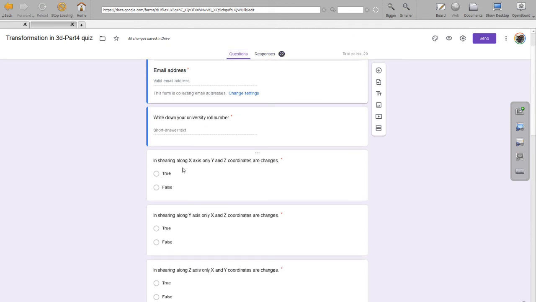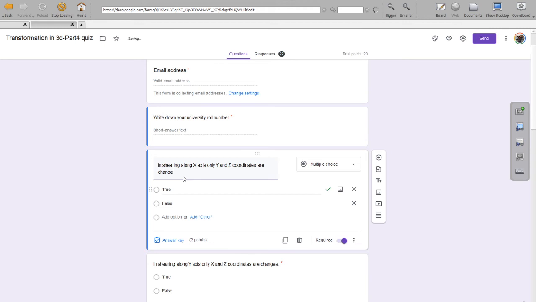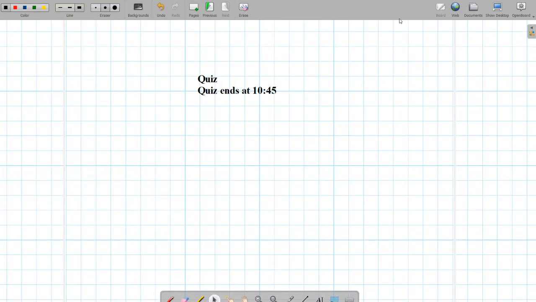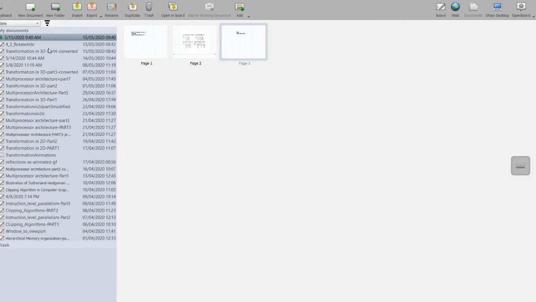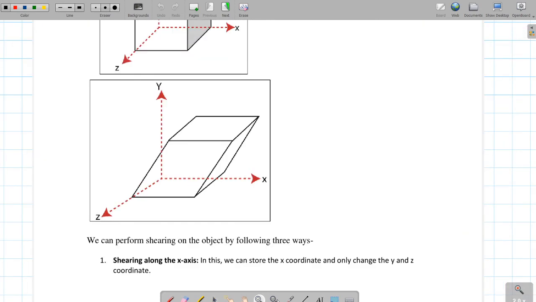In shearing along x-axis, only y and z coordinates are changed. The answer is going to be true here if you can recall the discussion in this portion.